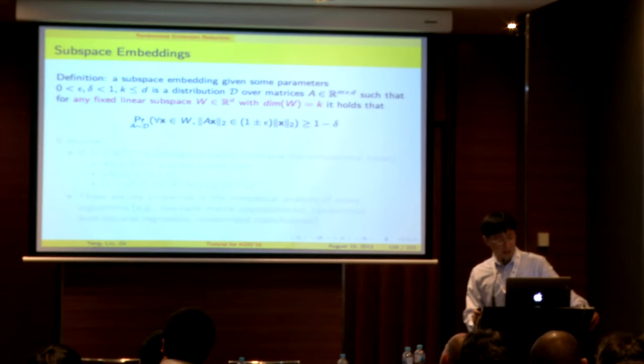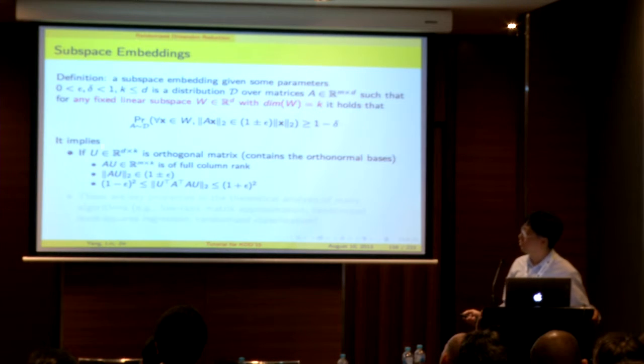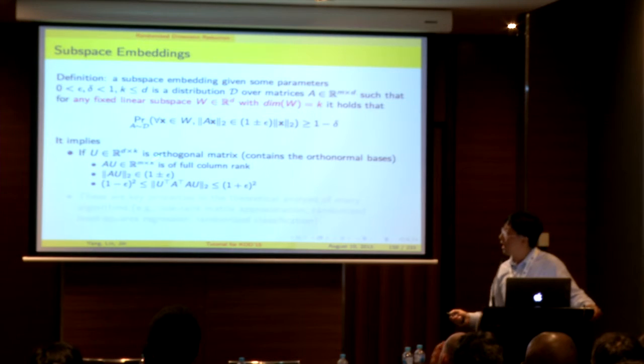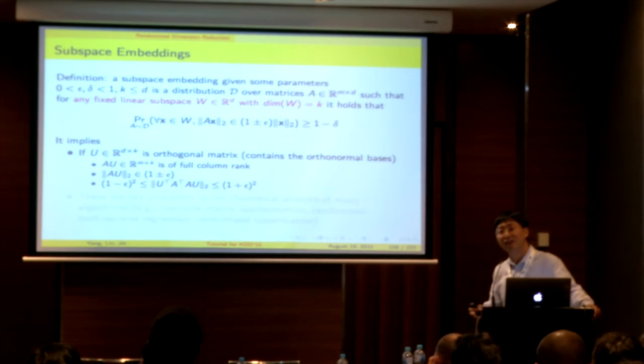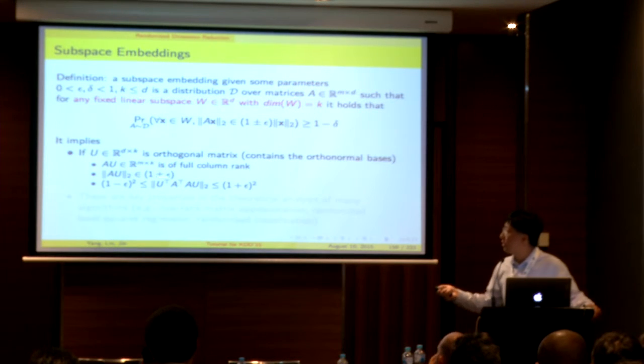So subspace embedding implies some very nice properties. Here, if we use U to denote the orthogonal matrix, which contains the K orthonormal basis of the subspace W, and if you apply this A, which reduces the dimension D, the number of rows, to M. Originally, each column vector of U is orthonormal, and these columns are linearly independent. But if you apply A to get M rows, we have high probability that the resulting matrix still has full column rank.